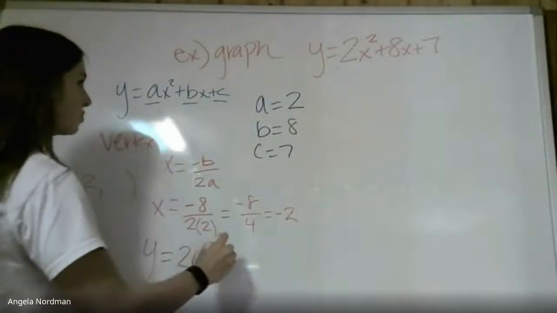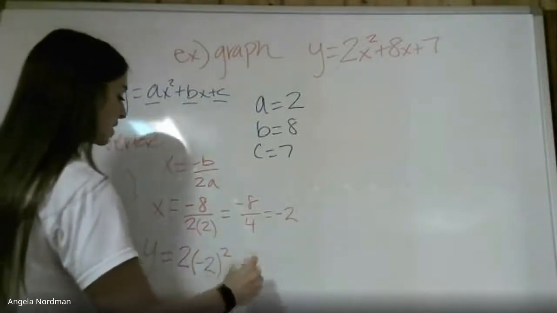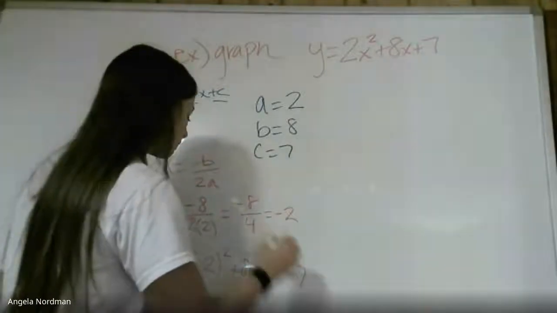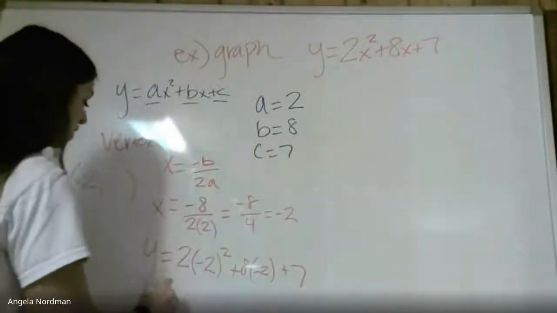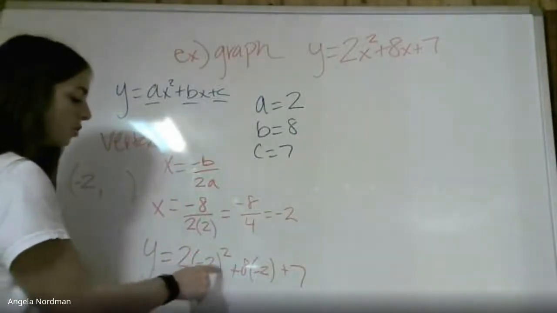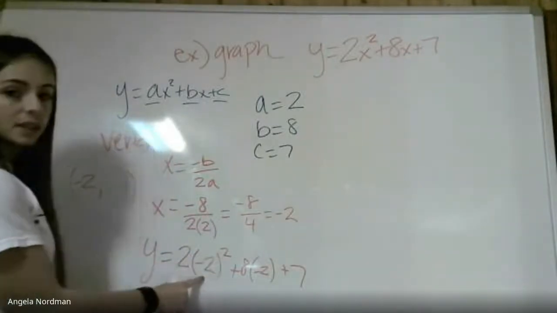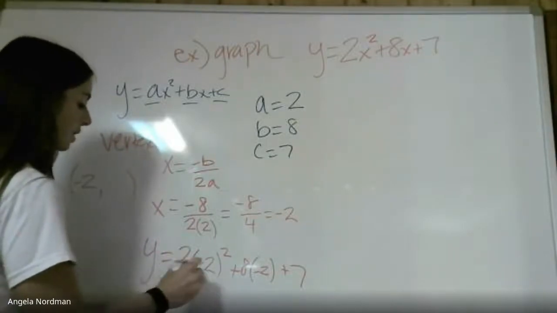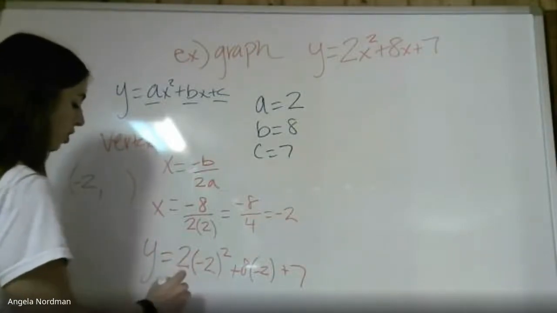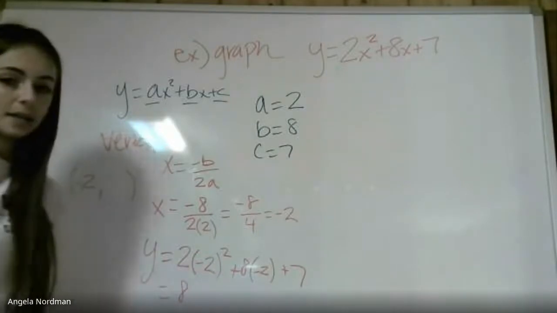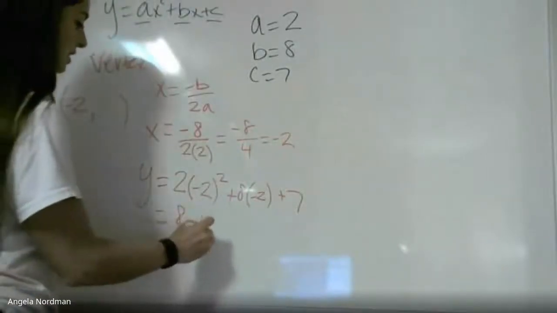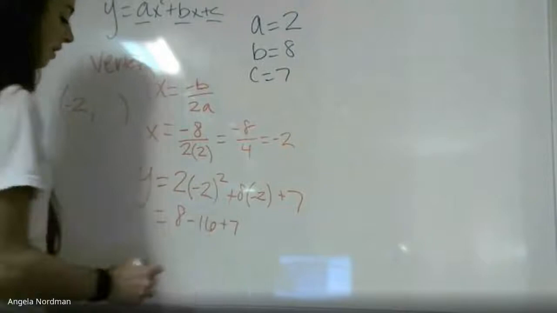So instead of x, I have a -2 squared plus 8, again substituting in -2, plus 7. So first things first, -2 squared. Anything that's negative that we square is going to turn positive. So I get 2 times +4, which is going to be 8. And then we have 8 times -2 is -16, plus 7.